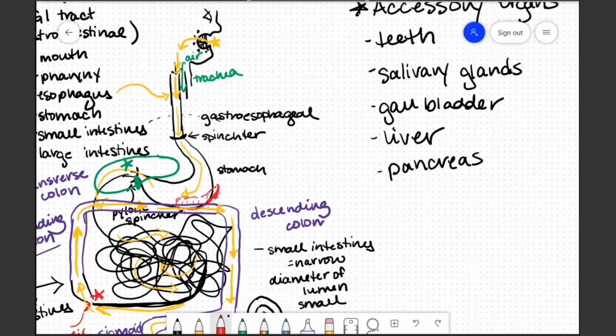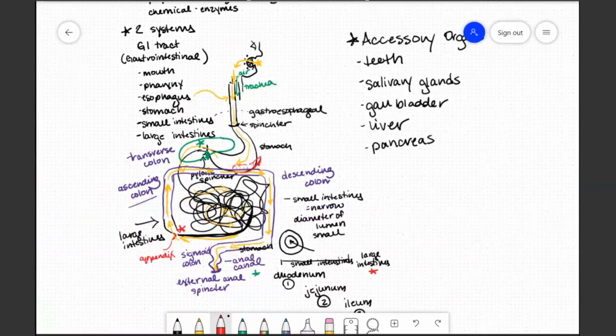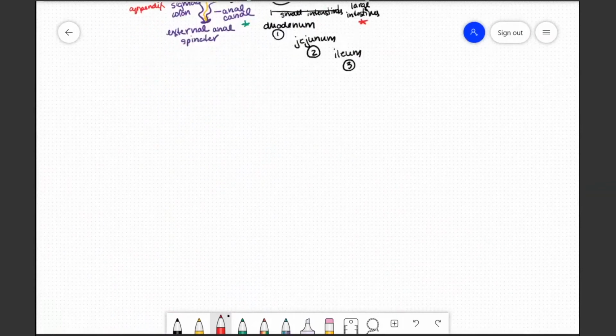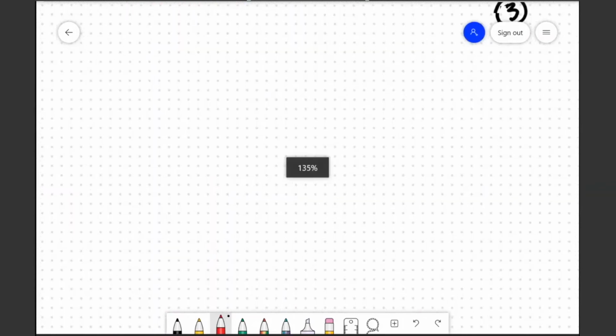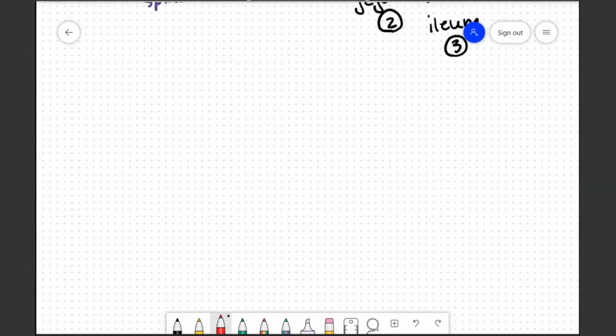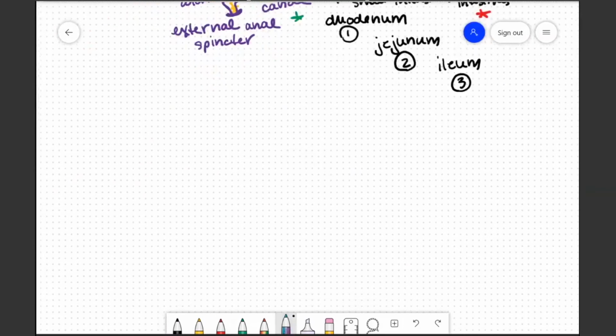So all of those accessory organs play into the GI tract, but you'll notice all of the structures on the actual GI tract are part of the hollow tube. The accessory organs are all the ones that are just attached to it somehow. So this hollow tube that is going through our entire GI tract, here's our hollow tube.